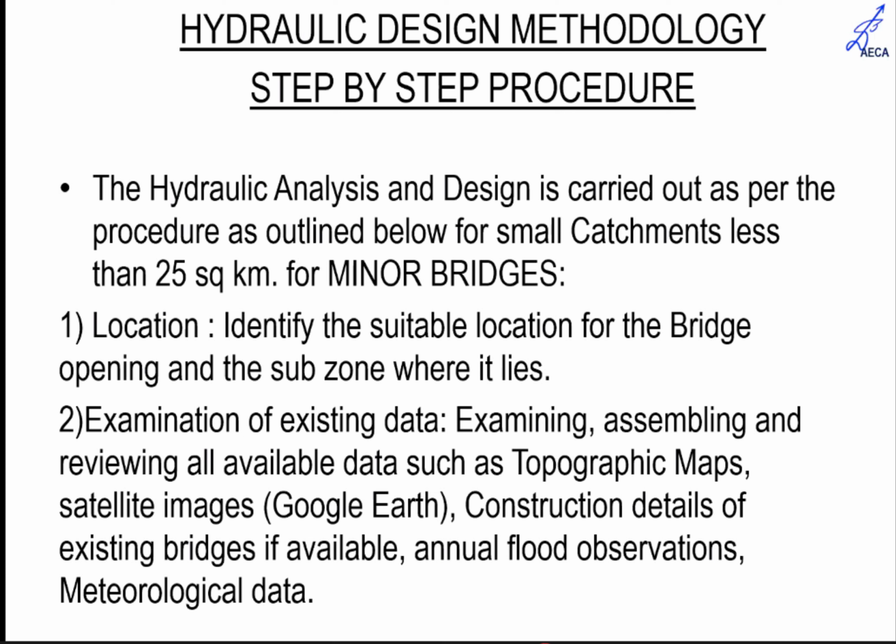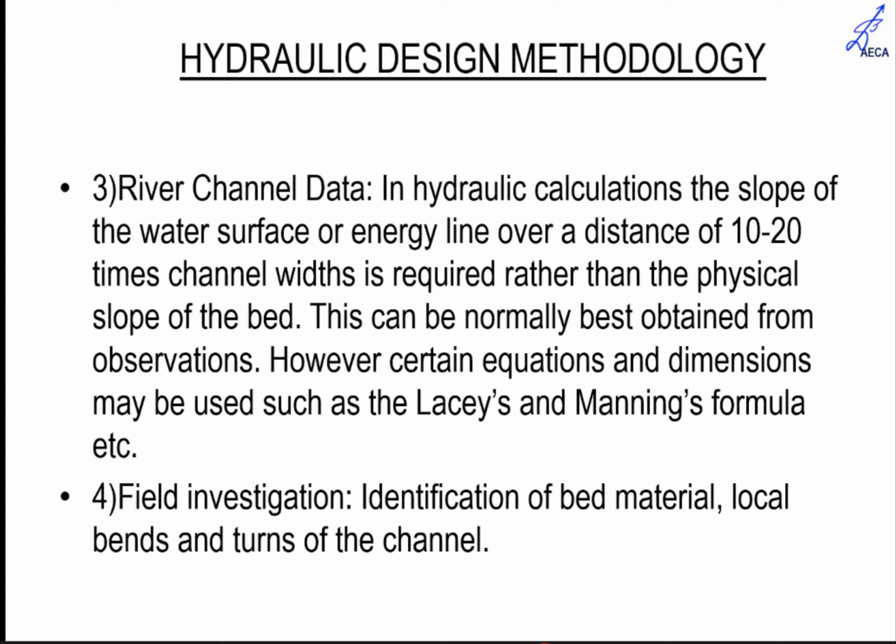We have to examine all the field data, like assembling all the data from the topographic maps, the satellite images and Google Earth contributions, whatever we can get, the type of soil and the annual flood observations, and the meteorological data available for the particular site. Then for minor bridges, for the hydraulic calculations, the slope of the water surface or the energy line over a distance of 10 to 20 times the channel bed width is more than adequate for establishing our estimates for the discharge.